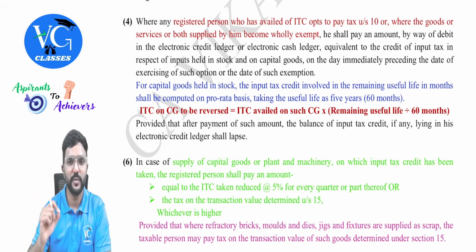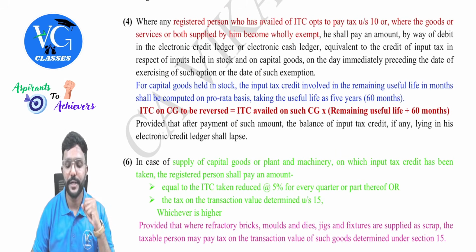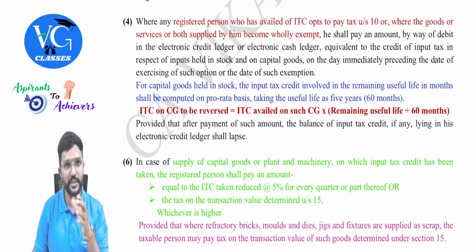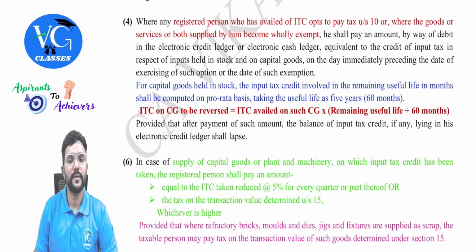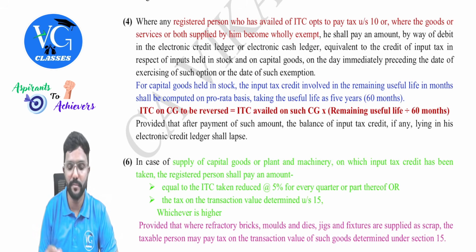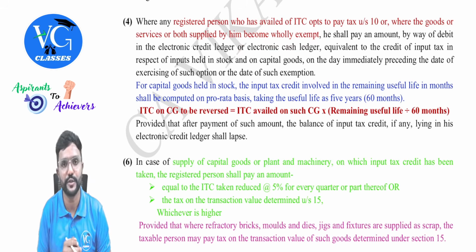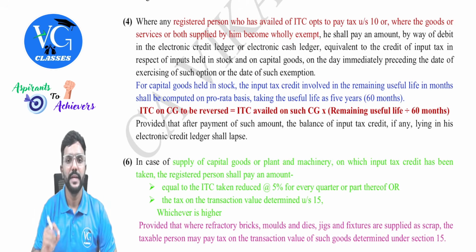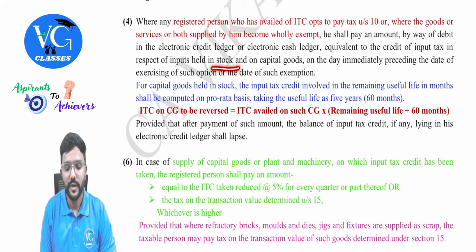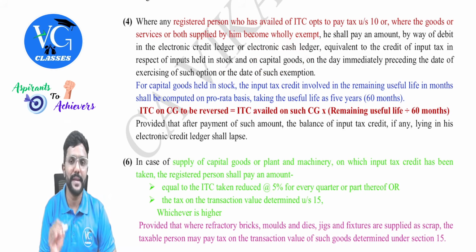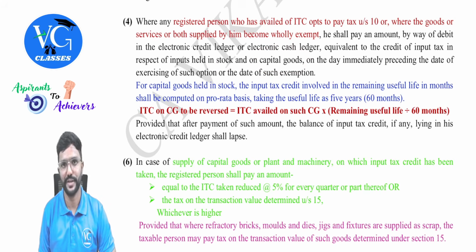Where any registered person who has availed of input tax credit opts to pay tax under section 10, that is, you are under section 9, you already claimed credit, now you are moving to section 10, or where the goods or services or both supplied by him become wholly exempt, new exemption has been introduced by way of notification, he shall pay an amount by way of debit in the electronic credit ledger or electronic cash ledger equivalent to credit of input tax in respect of inputs held in stock and on capital goods on the day immediately preceding the date of exercising of such option or the date of such exemption, guys.